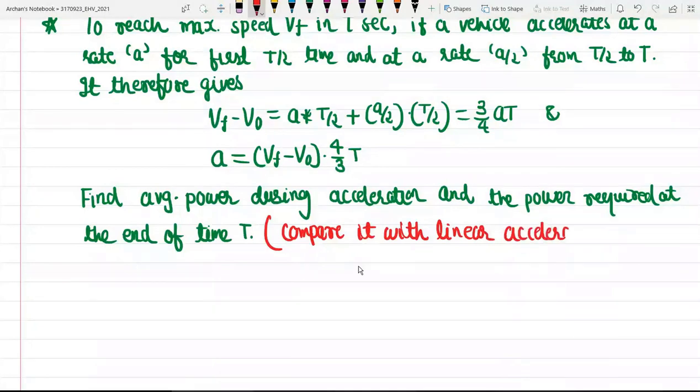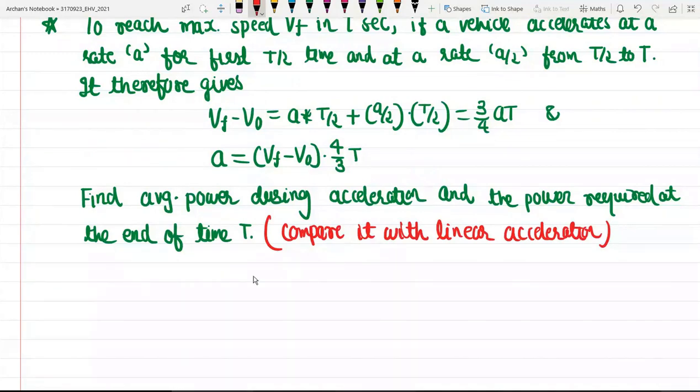What we have seen in this case is that the average power required in the second case will be 0.667 times the power required with constant linear acceleration. So we need to prove this.